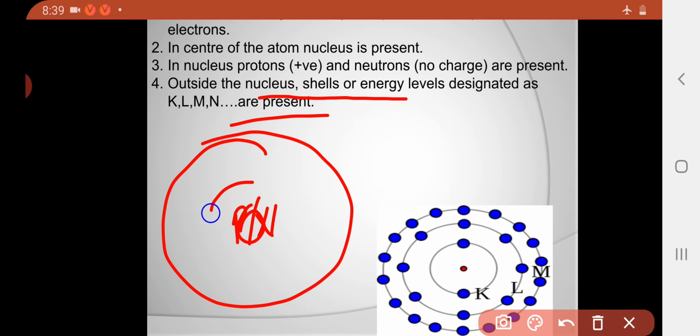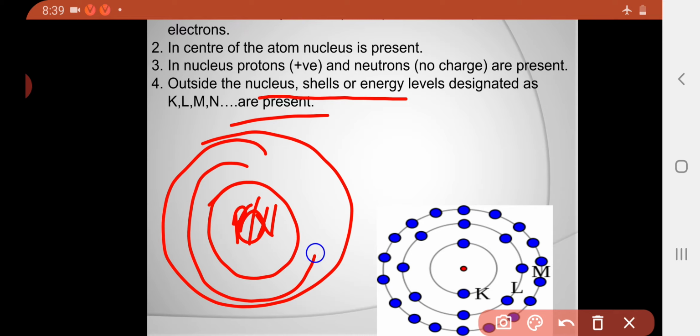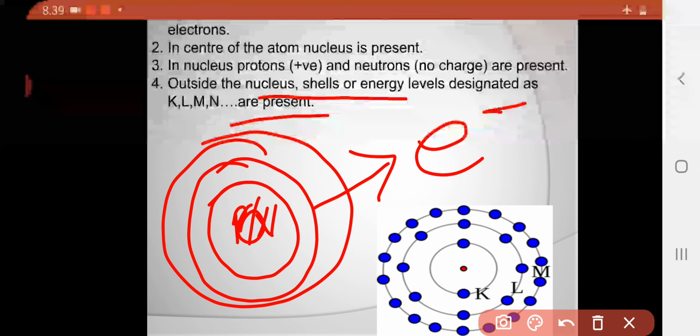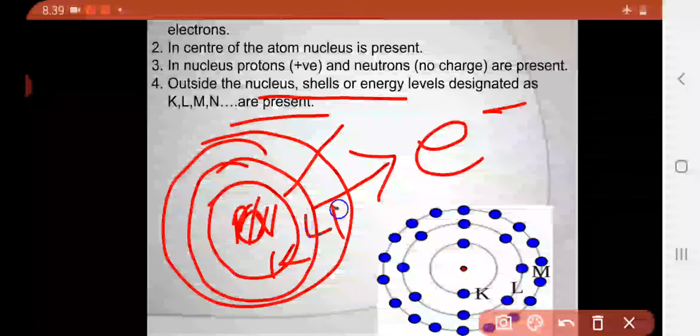Surrounding that are energy levels, or shells, which contain their own energy, so we call them energy levels. The first level we name K, the second L, the third M. Like this we gave names to them.